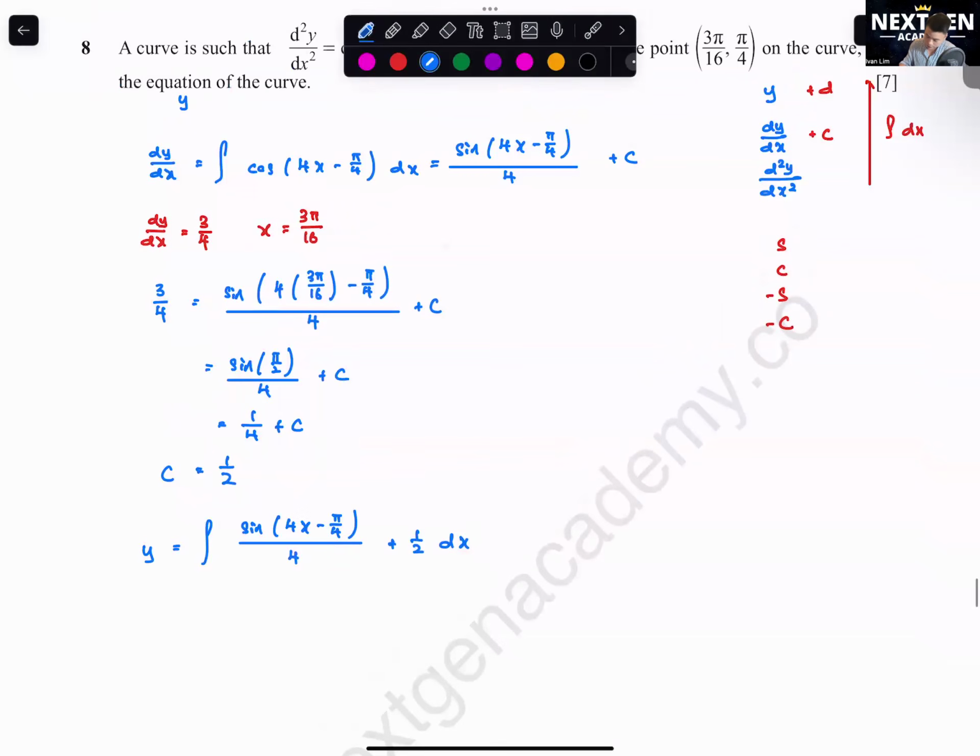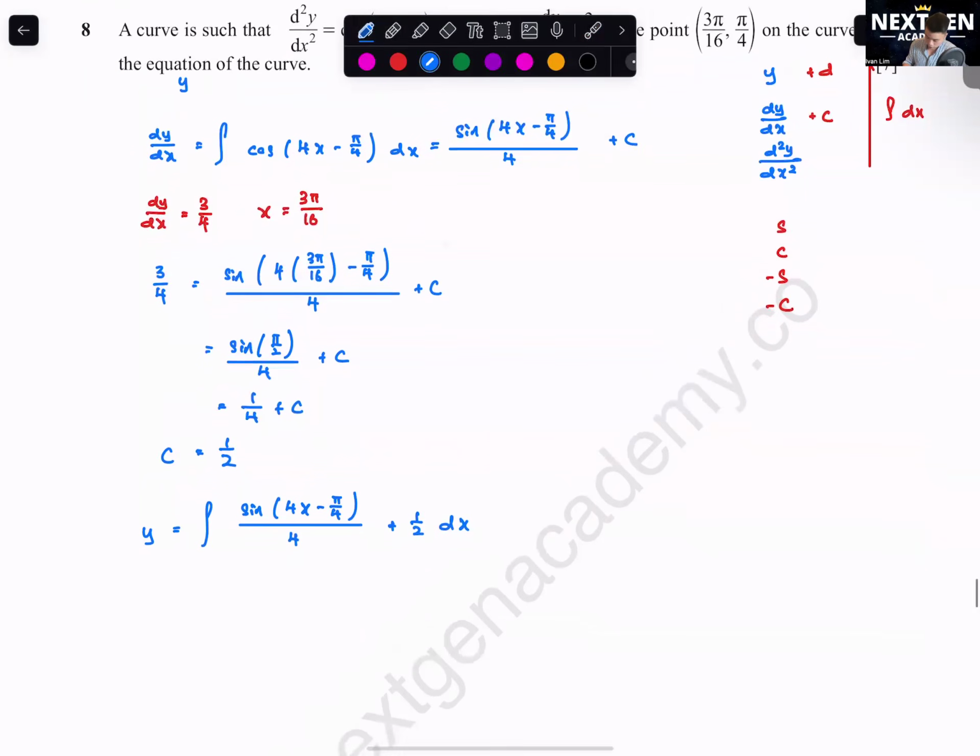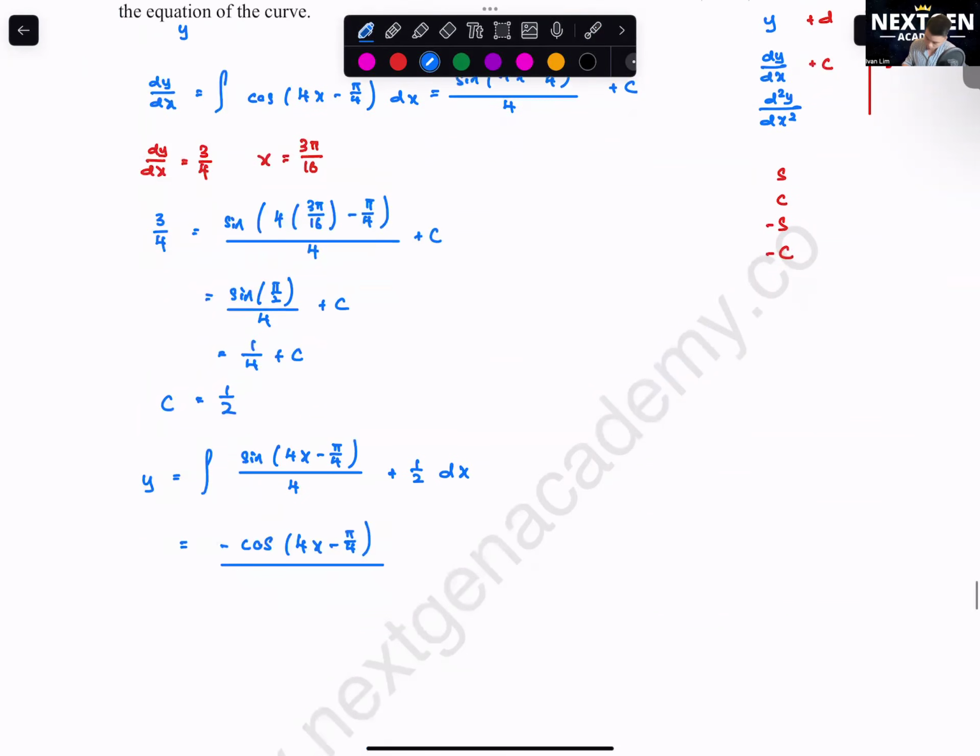When I integrate sine, I will get negative cos. So here we'll get minus cos 4x minus pi over 4, over 4 times 4, plus 1 over 2 x plus d. You want to write d or you prefer to write C1 and C2, also can.